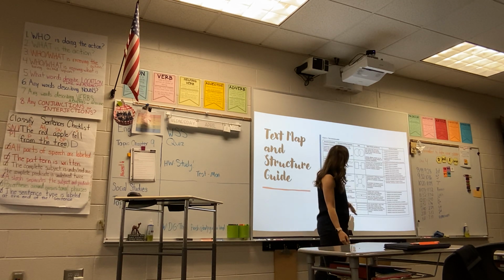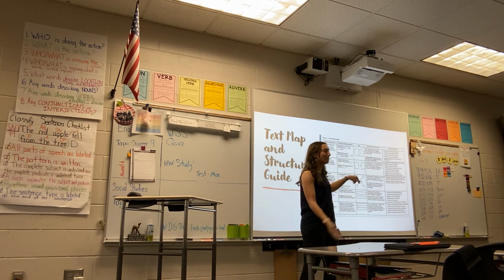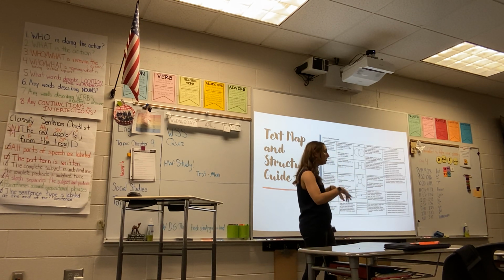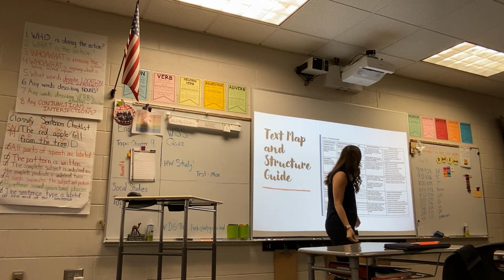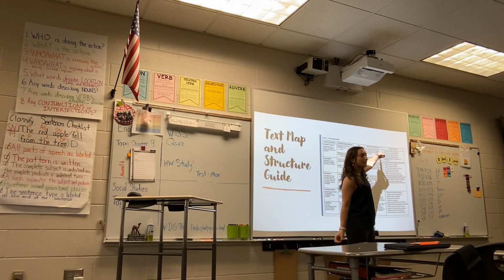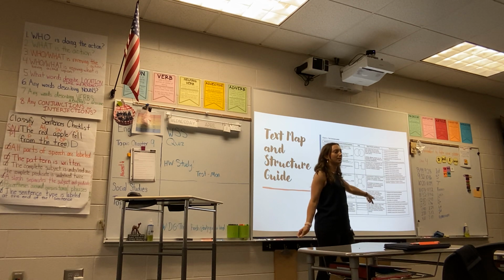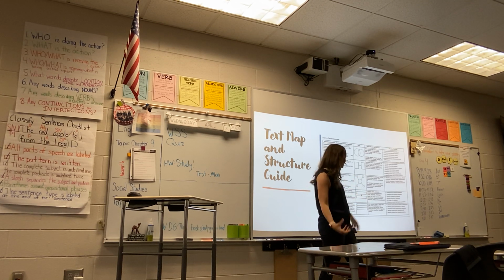These are the different maps that you can use. So we have a Venn diagram, cause and effect, that sort of mental map that you were talking about earlier that you do as a reader. We'll have our students do it on paper. Signal words and phrases. So this is a great resource because students can look for these directly in their text, identify them as they read, and that can kind of build in that structure for them.